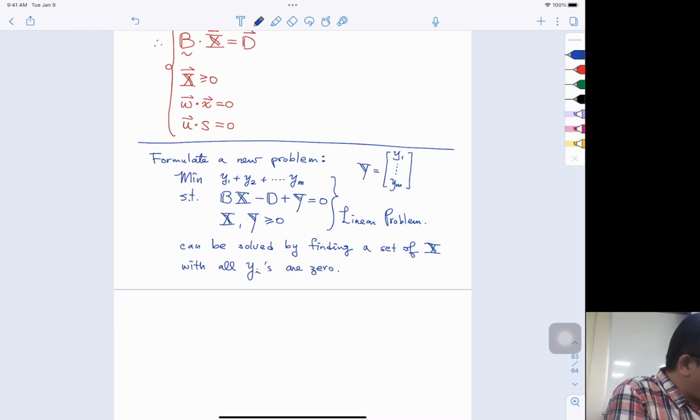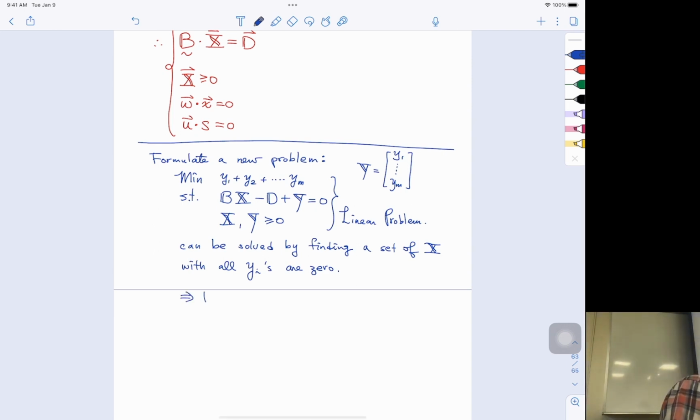So if you solve this linear problem by, for example, linear programming, and you are able to minimize the summation of y, at the end all the y's are 0, right? So you must be able to end up with a bunch of x that satisfy this new problem where all the y's are 0, and all the x are just a bunch of x you don't know what they are.